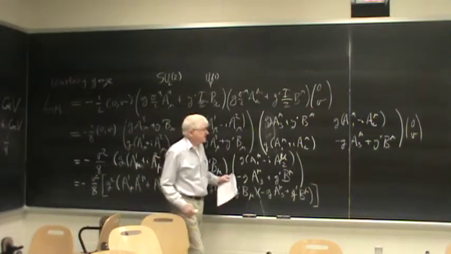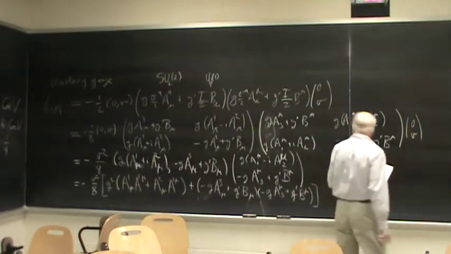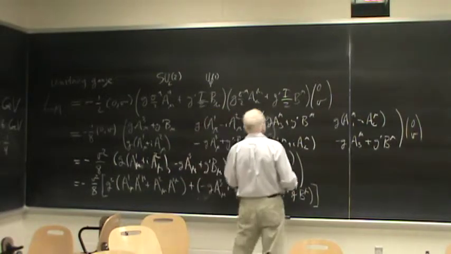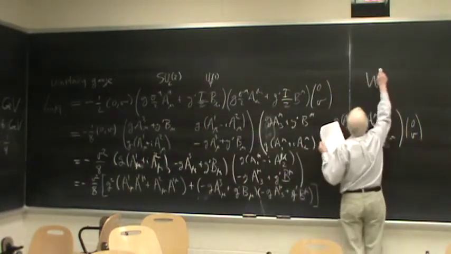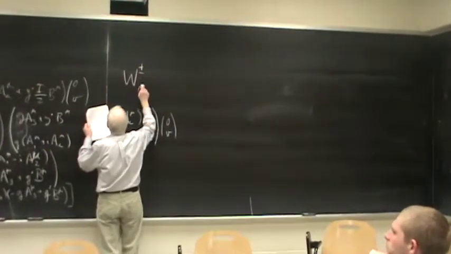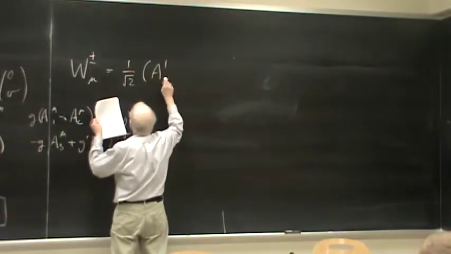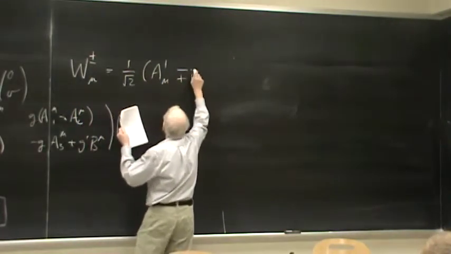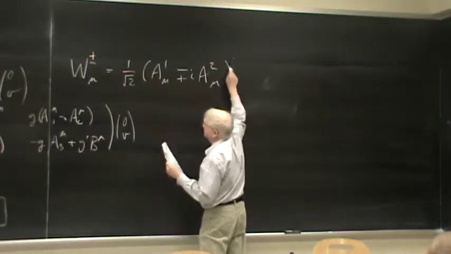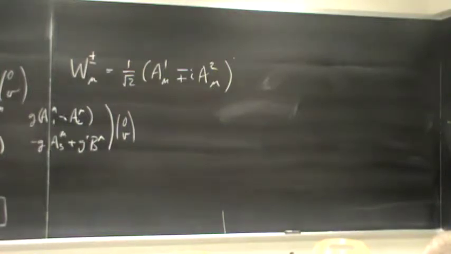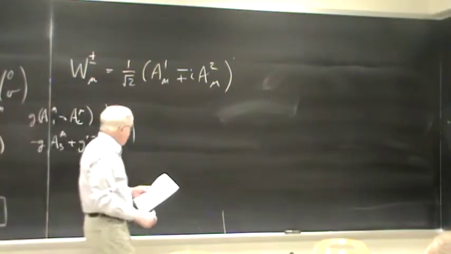All right. So the first thing we do is we normalize these complex fields, and in fact we call them W plus or minus mu, and it's 1 over root 2 times A1 mu minus or plus i A2 mu. Now the minus being associated with the W plus is a little confusing, but apparently that's the convention.